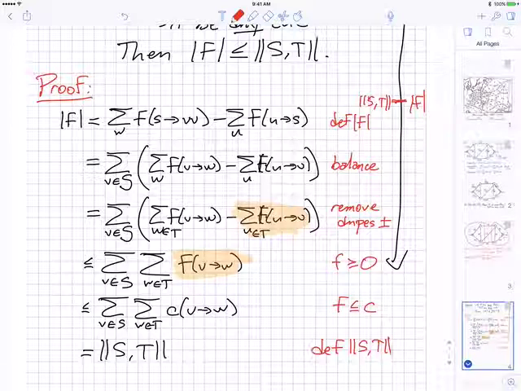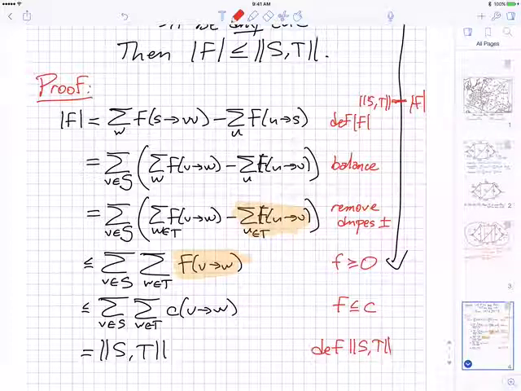Now, there are only two places where I get actual inequalities. One of them is in this first step. If any of these flow values that I removed are positive, then this is a strict inequality. And what that means is, if there's any flow going backwards across the cut, then I get a strict inequality here.